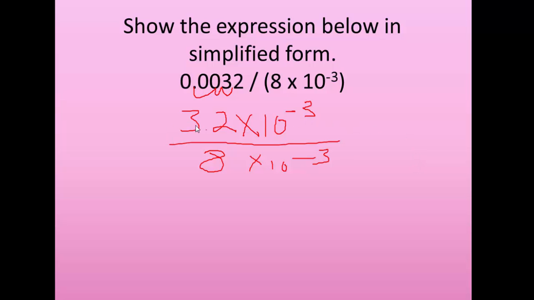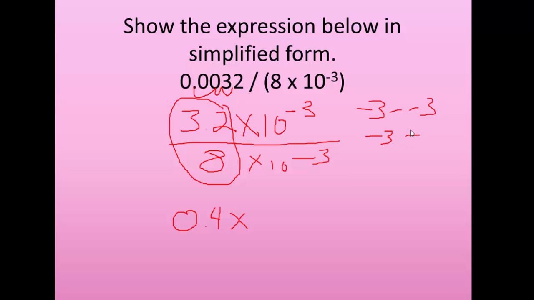So here we can do this first part. 3.2 divided by 8, and that's going to give us 0.4. Now for our exponents here, this is the same as saying negative 3 minus a negative 3. So that's another way of saying negative 3 plus 3. So that actually gives us 0.